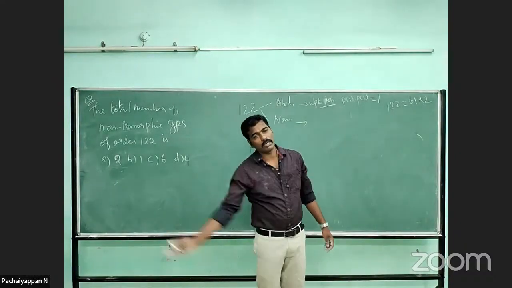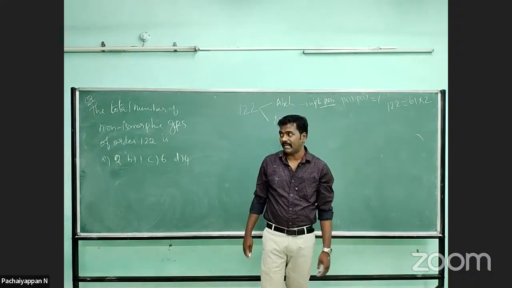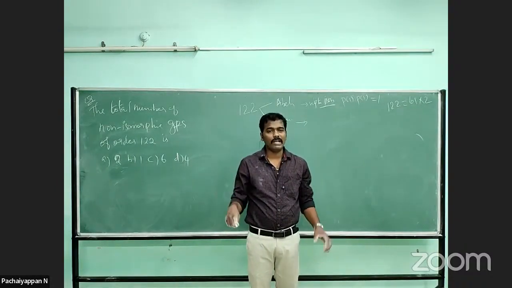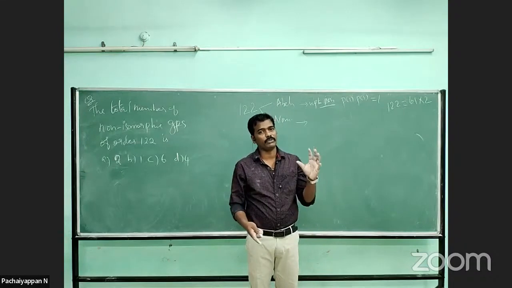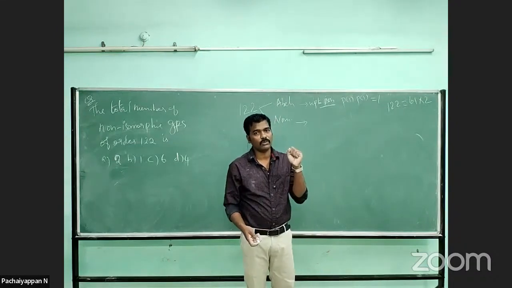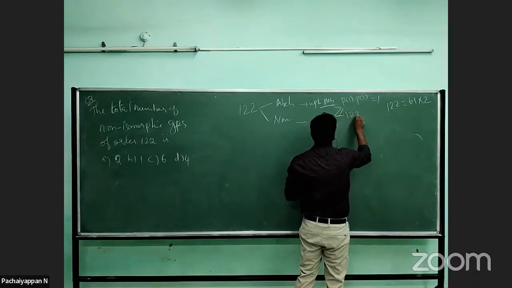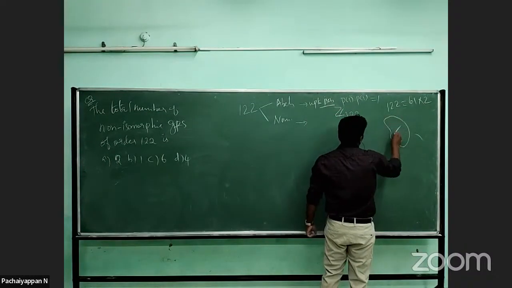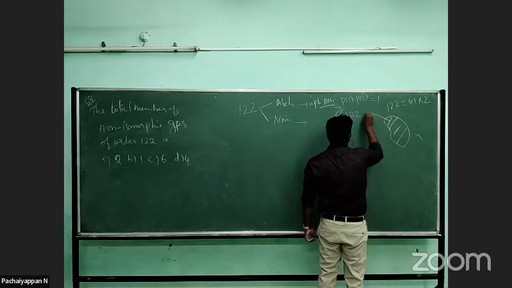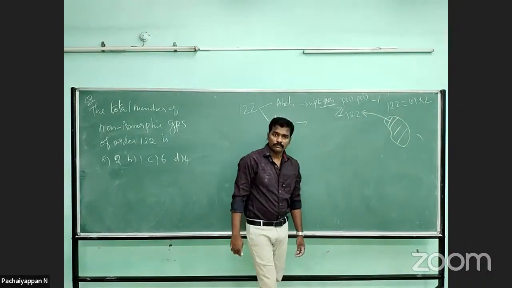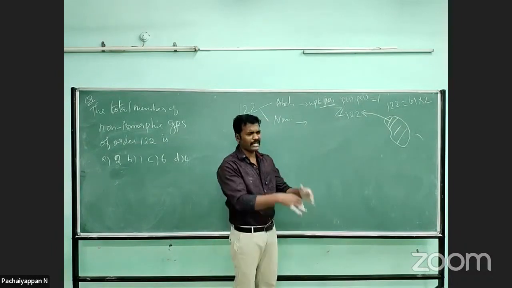So a lot of abelian groups are there of order 122, but all those abelian groups are isomorphic to only one group. What is that group? Z122. Take any abelian group of order 122, it is isomorphic to Z122.